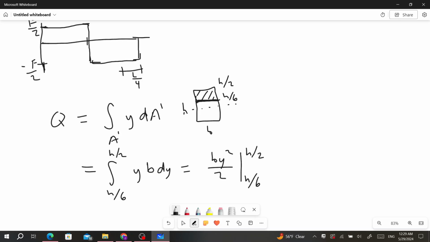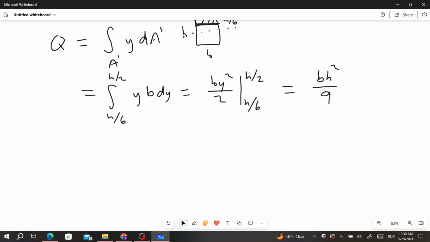I'll spare you the algebra. You can work through that on your own just to verify that when you evaluate this integral, you will get an answer of bh squared divided by 9. So that's what Q is equal to.